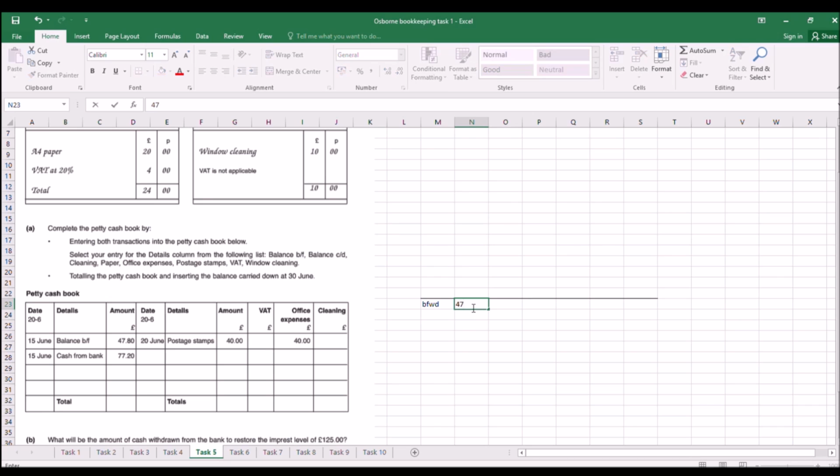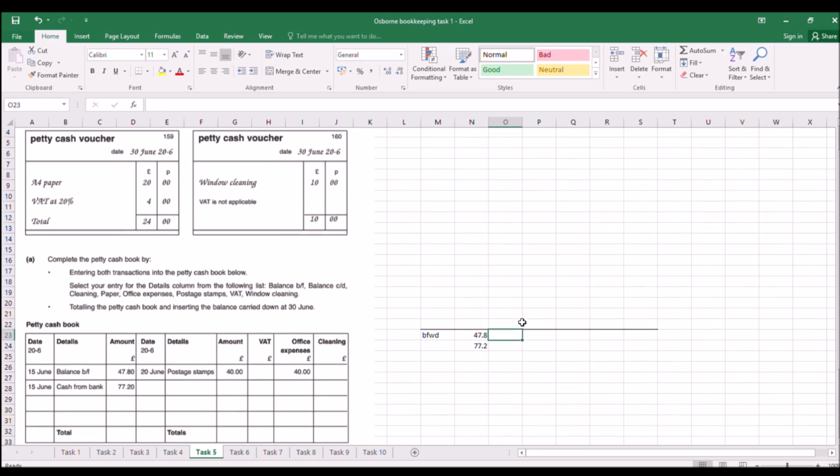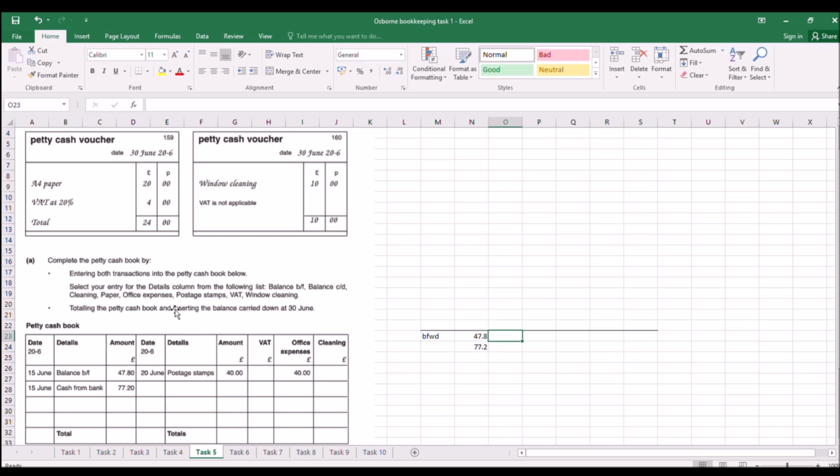We've got our £47.80, and we've also got our £77.20. Okay. We're going to have our date here. On this credit side here of the petty cash, our petty cash position, which then would have debits in terms of expenses. Let's have we've got our date in here.